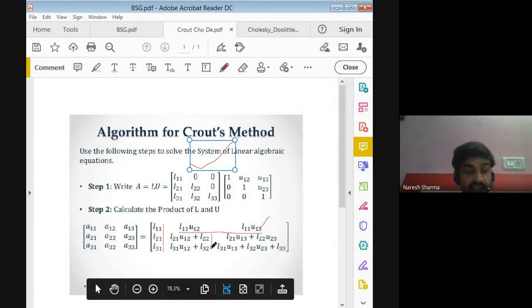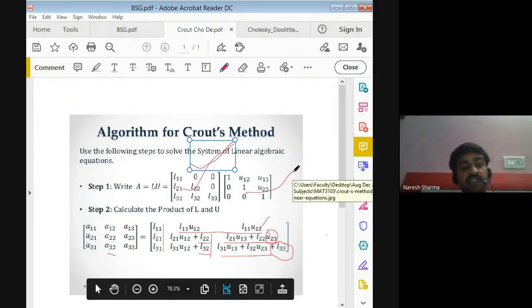Now use your second column, these two, and compare with A22 and A32, and you get the values of L22 and L32. Now compare this one, and you get the value of U23 from this. Now the last one, you get the value of your L33. So after doing this, you get the values of complete L and complete U.